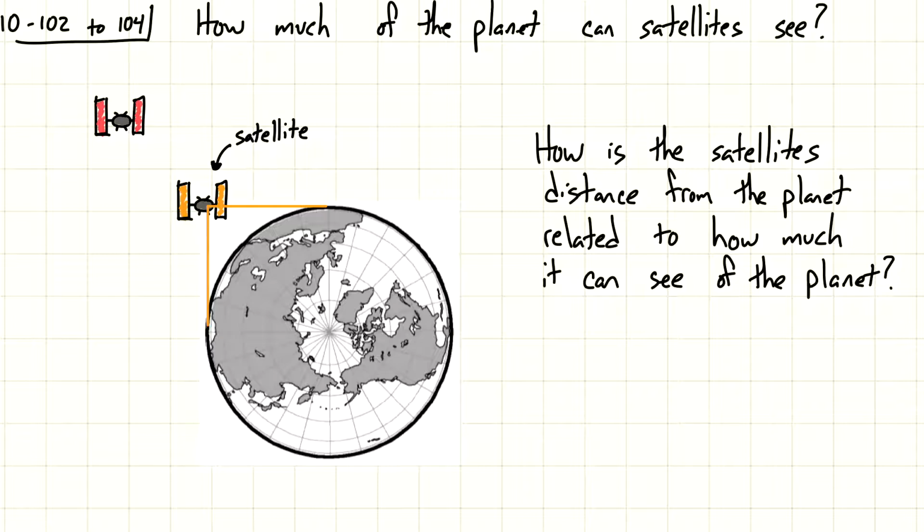So what happens if we take this satellite, and it moves further away, right? How does that impact its viewability? How is a satellite's distance from the planet related to how much it could see of the planet? Is it going to be the same?